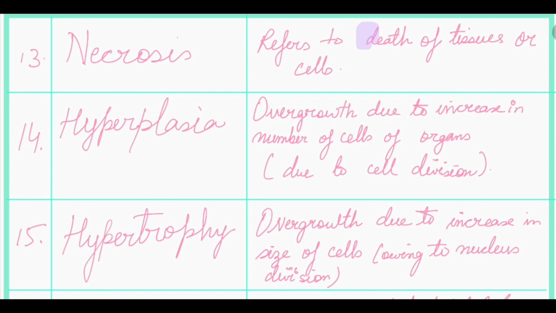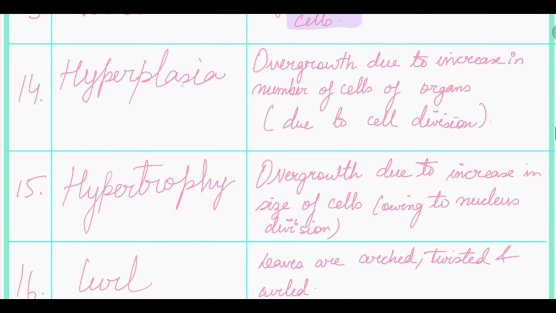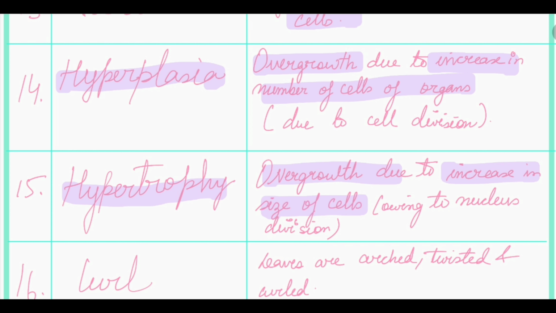Necrosis refers to the death of tissues or cells. Then there are two interrelated words: one is hyperplasia, and the next is hypertrophy. Hyperplasia relates to the overgrowth due to an increase in the number of cells of organs, and hypertrophy relates to the overgrowth due to an increase in the size of cells.